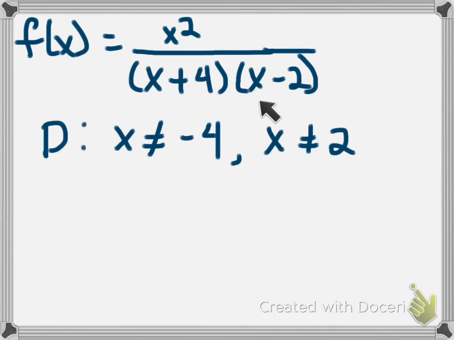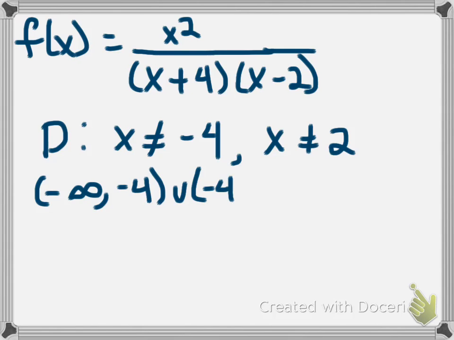If I plugged in 2, that would give me 0 on the bottom here. So those are the things that we cannot have, which means if I were to ask you to write that domain in interval notation, that would be from negative infinity to negative 4, union negative 4 to 2, union 2 to infinity.